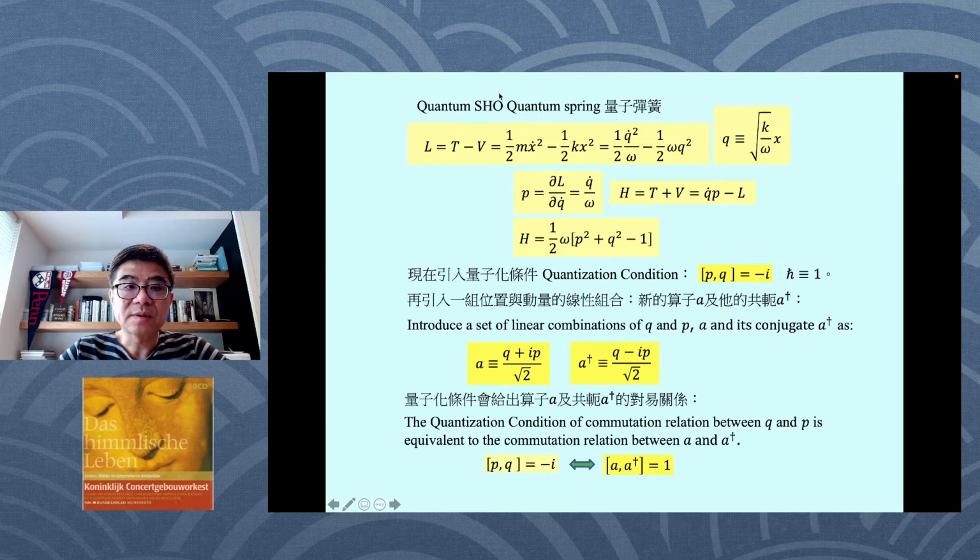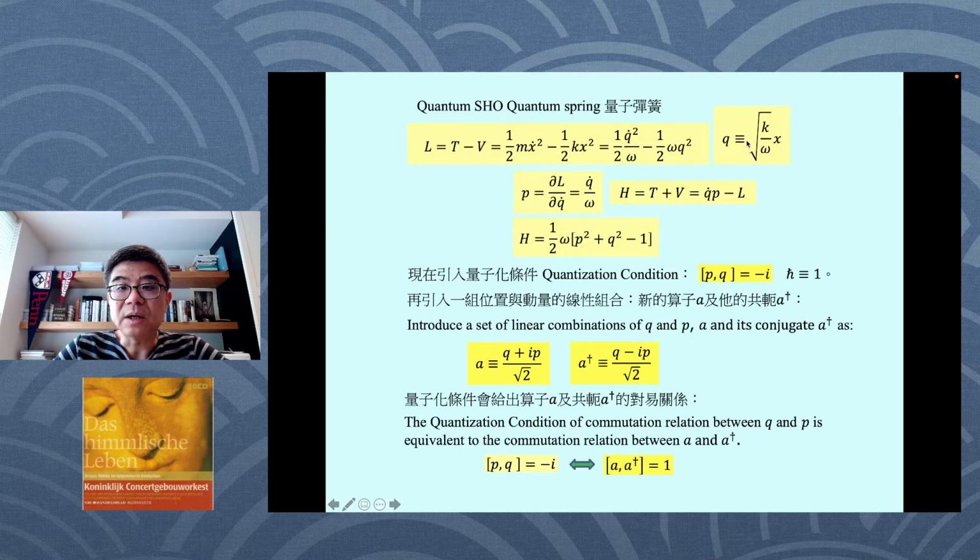Okay, so let me start with the classical simple harmonic motion. In classical simple harmonic motion, we can write the Lagrangian as T minus V, the kinetic energy minus the potential energy. For simple harmonic motion, the potential energy is just 1/2 kx squared. I can rewrite this relation by introducing new coordinates so that it looks simpler.